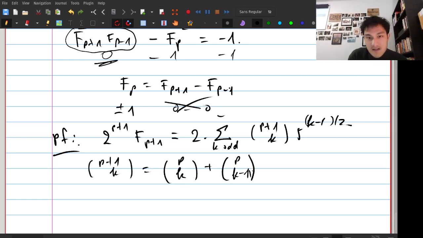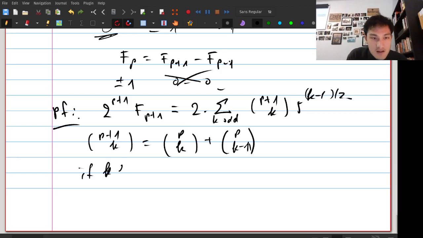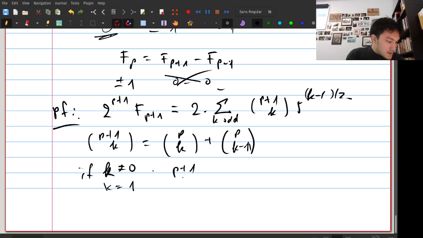That's the Pascal's triangle identity from which you can get all binomial coefficients. If k equals 0, we get p plus 1. If k equals 1, then p plus 1 choose 1 is p plus 1, which is equal to 1 mod p.